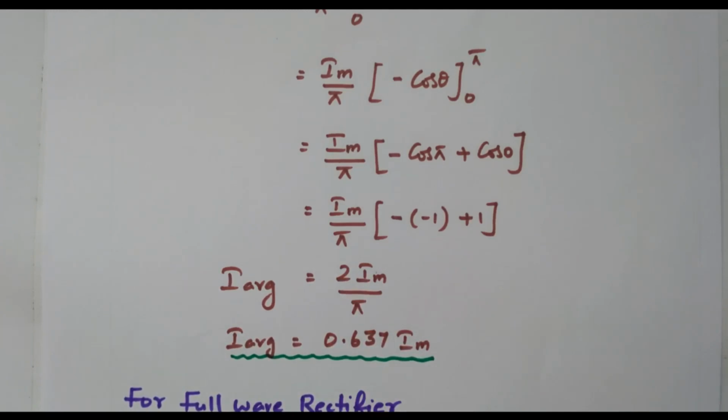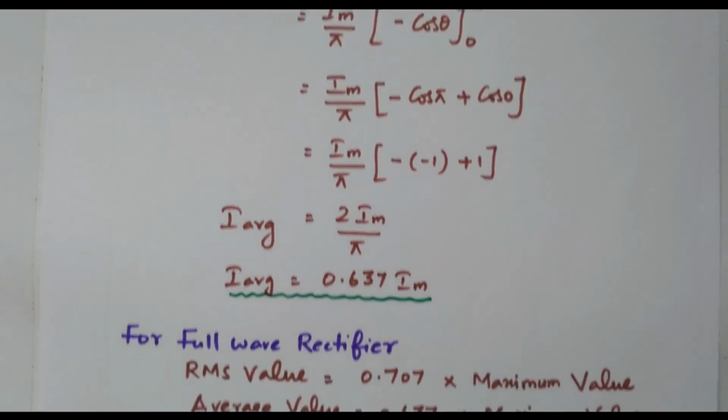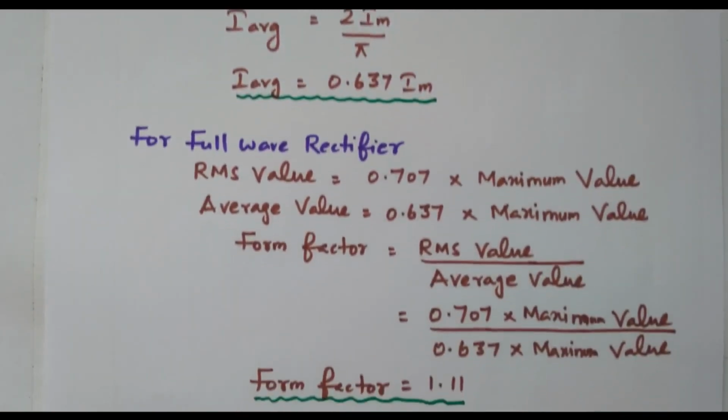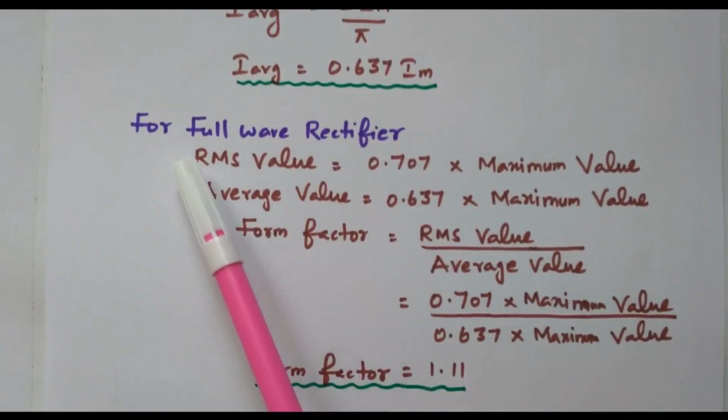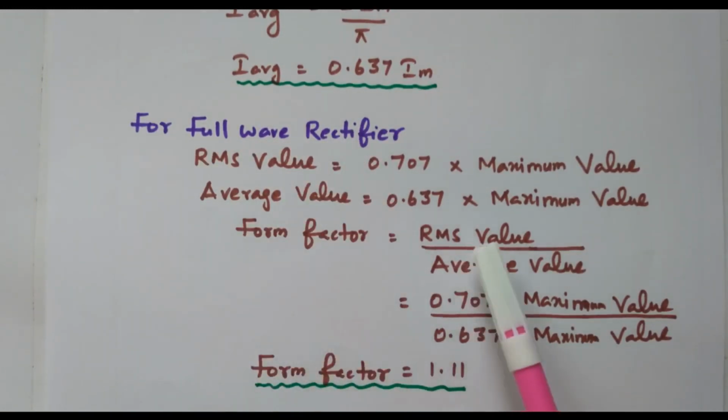Now we have the average value as well as the RMS value. From this we can find the form factor. The form factor formula is RMS value by average value.